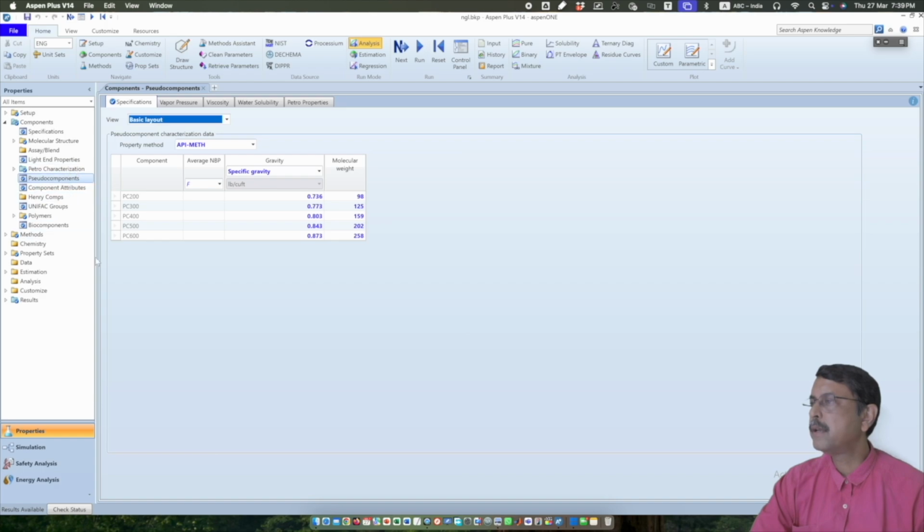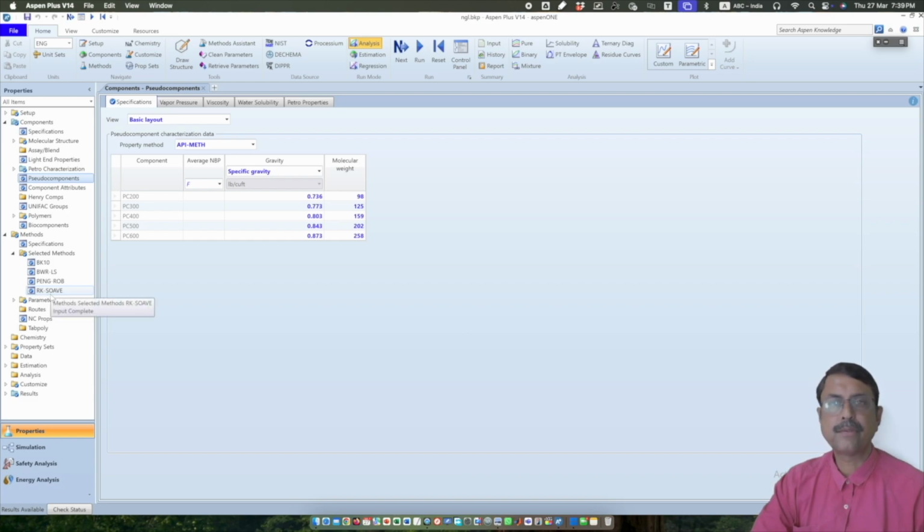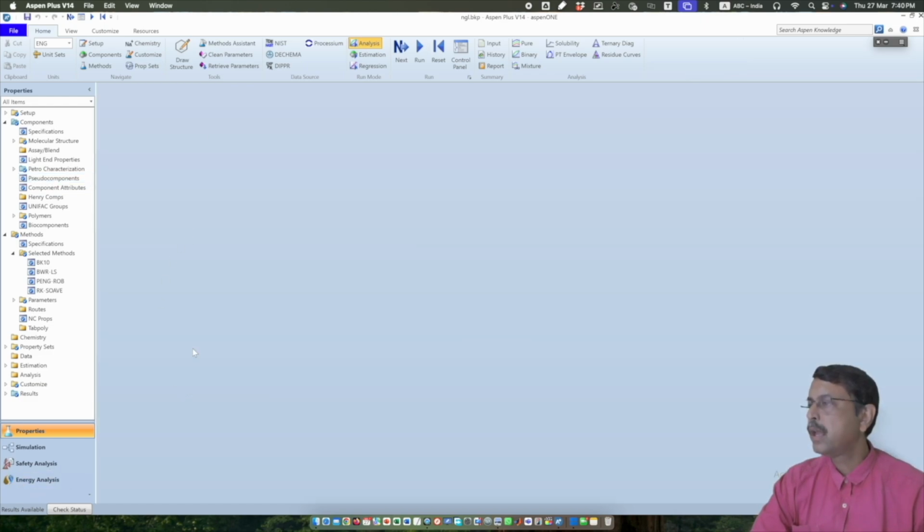Okay, so this is the pseudo component, and these are the methods they have chosen: BK10, BWR, LS, Peng Robinson, and obviously RK-Soave. That's what they were talking about. So these methods were selected and they have run the property method and they have got some results. We do not have to do that. And go to the simulation.